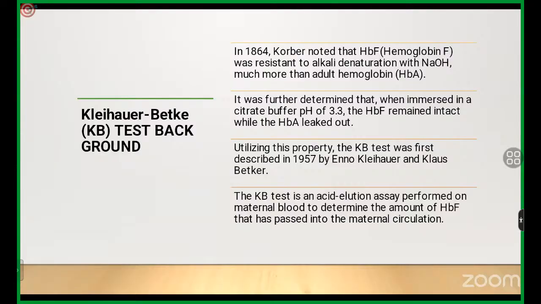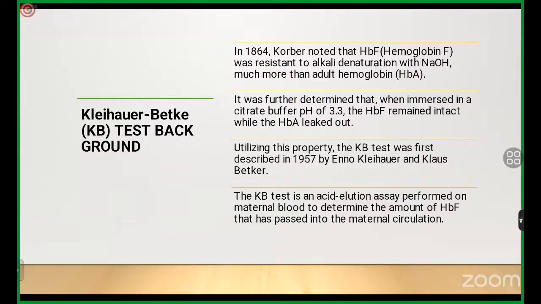So what happens is that when the mother and the baby have incompatible rhesus factor, it means that the mother is rhesus negative and the baby, the fetus, is rhesus positive.